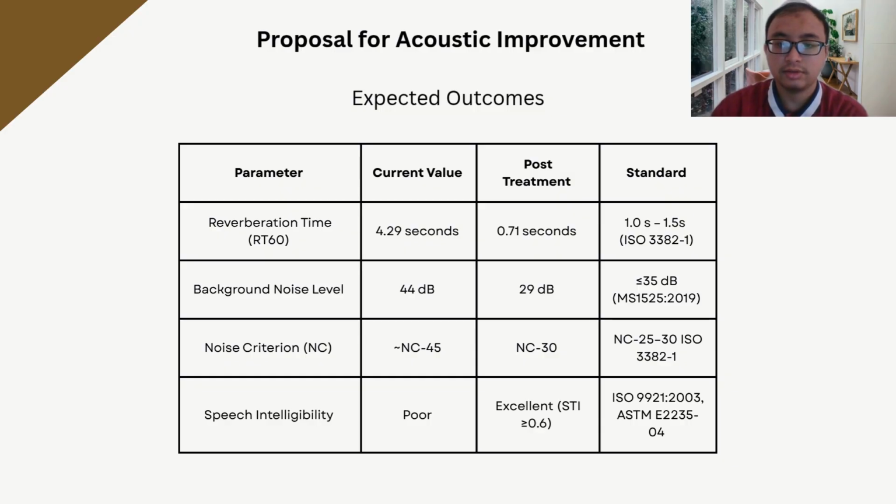The noise criterion is reduced from NC 45 to NC 30. And for the speech intelligibility, it changed from poor to excellent, where the STI is higher than or equal to 0.6.